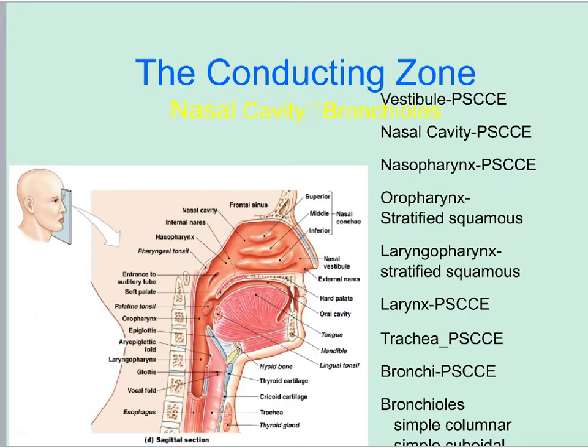So if we think about one of the main functions of the respiratory system, that's gas exchange, right? And gas exchange is the exchange of CO2 for oxygen. But in order for gas exchange to occur, we've got to get air down to where that exchange occurs.